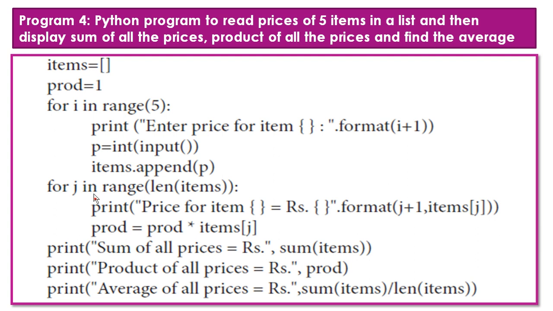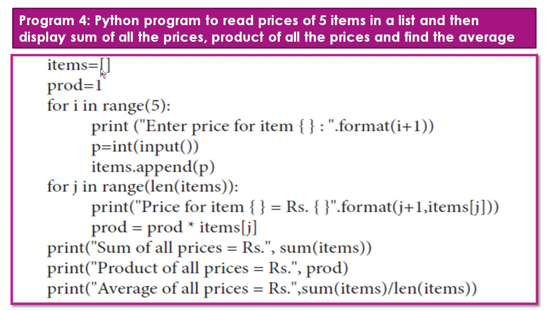It also finds the product of the items by using prod asterisk items of 0. In the second step, prod asterisk items of 1. All products are accumulated in the prod variable. Now the three print statements: the first prints the sum of items by using the sum function.